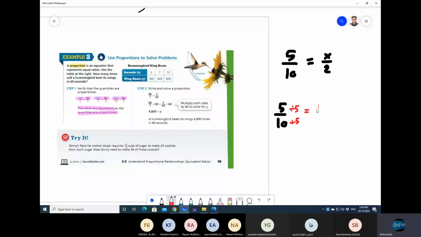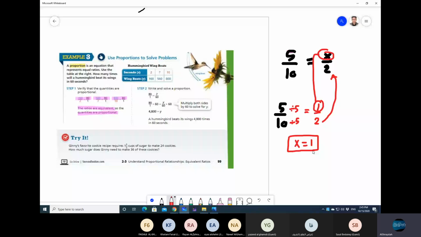So it gives you 1 divided by 2. So by comparing this 2 with this 2, you will find that x is equal to 1.